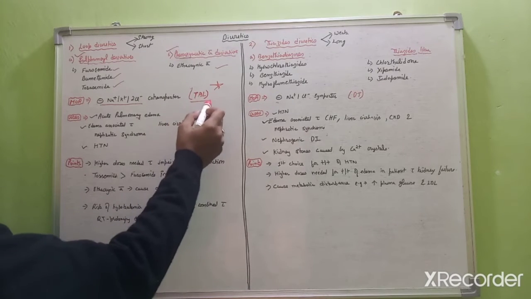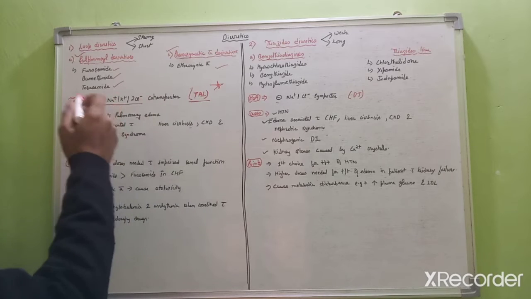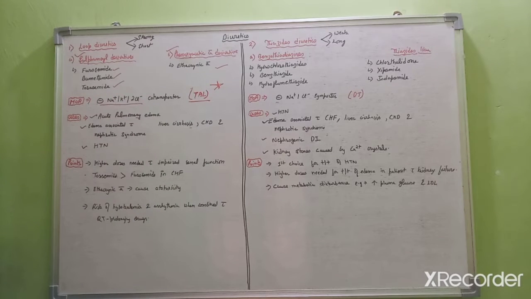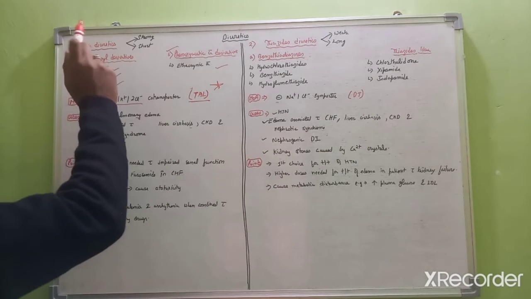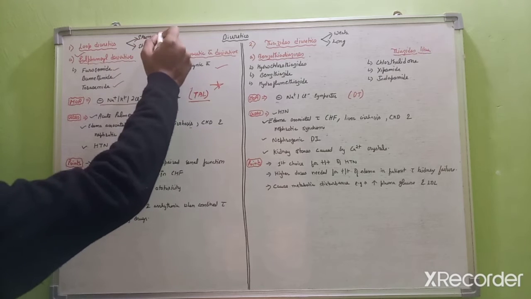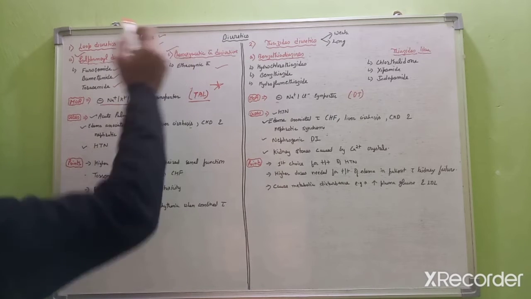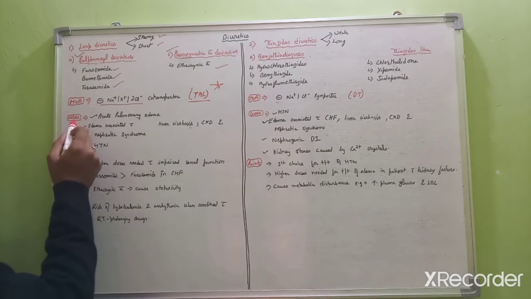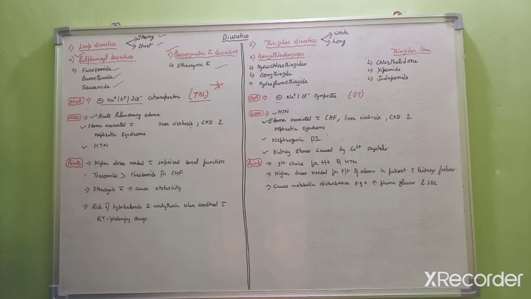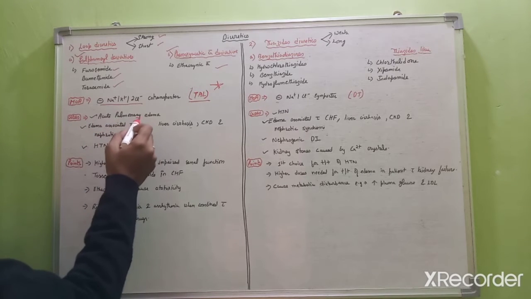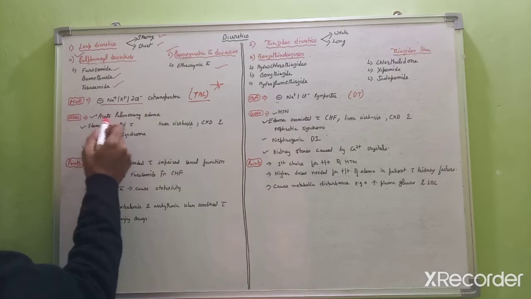This is a very important point: they inhibit the sodium potassium 2 chloride co-transporter in the thick ascending loop of Henle. Remember, loop diuretics are the strong acting and shortest acting drugs. Loop diuretics are used in the management of acute pulmonary edema.